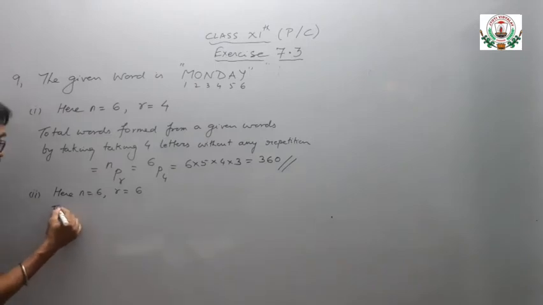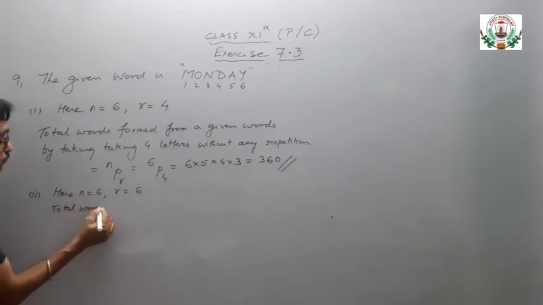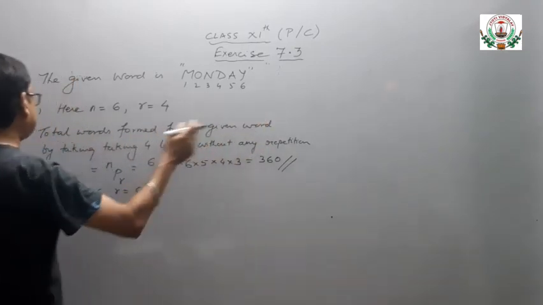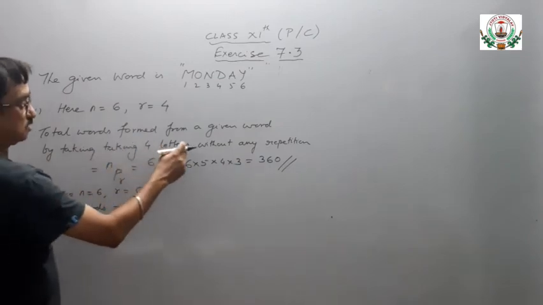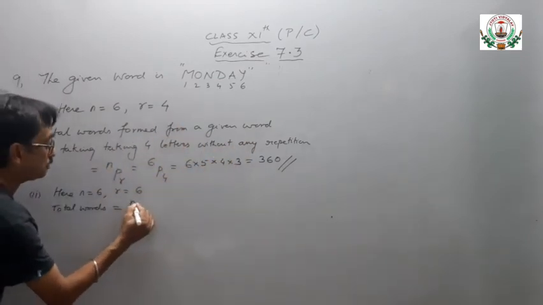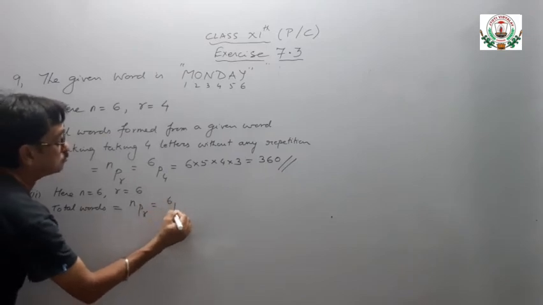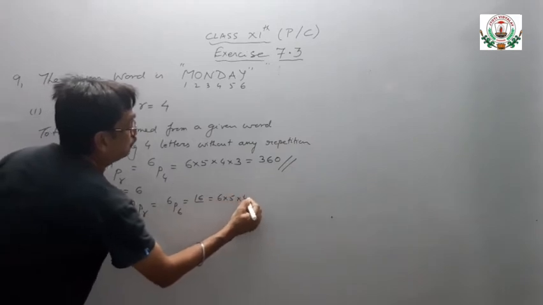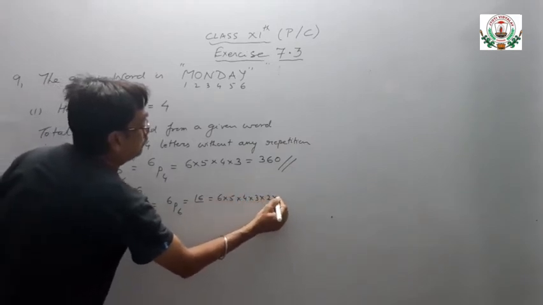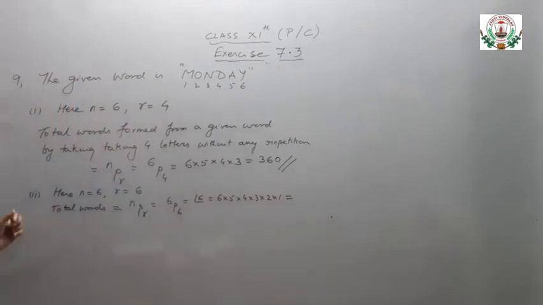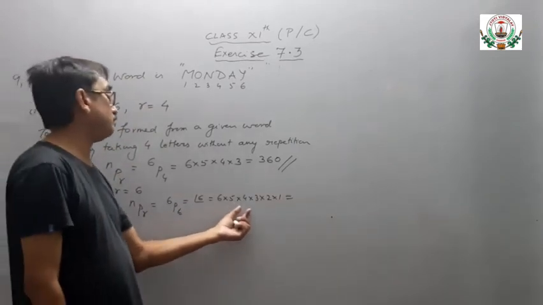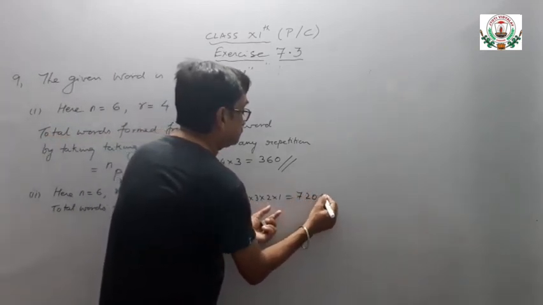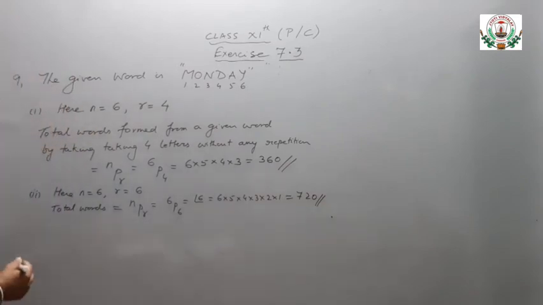So total words formed from the given word by taking 6 letters without any repetition will be nPr, 6P6, that is equal to factorial 6, 6 into 5 into 4 into 3 into 2 into 1. So 6 into 5 is 30, 30 into 4 is 120, 120 into 3 is 360, 360 into 2 is 720. So in the second case it will be 720.